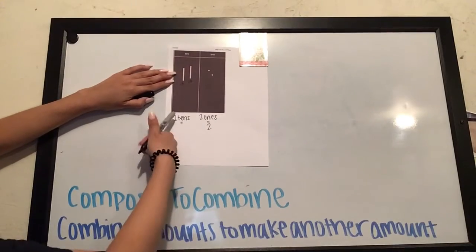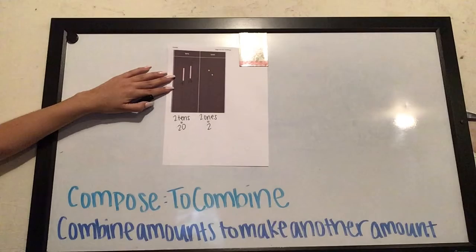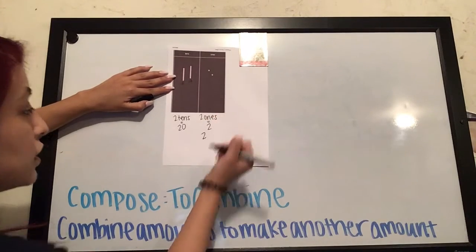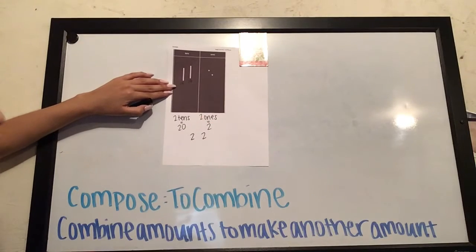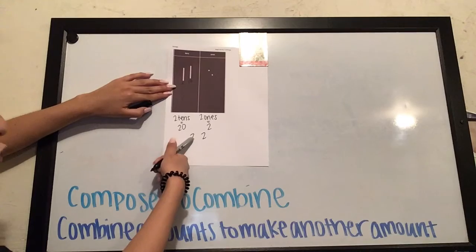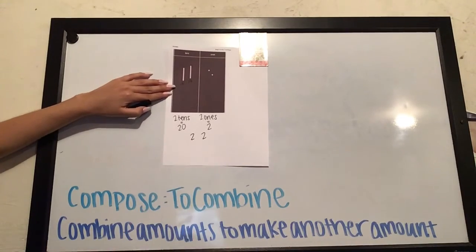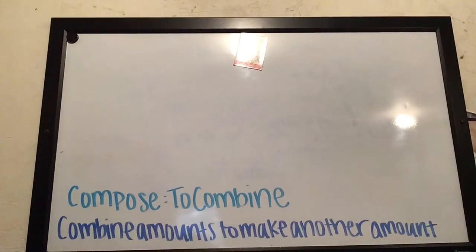So how many do we have in 2 tens? We have 20. So if we have 2 ones, how many do I put in the tens? 2 also, because the 2 represents 20. So it's 22. Okay, let's do another example.